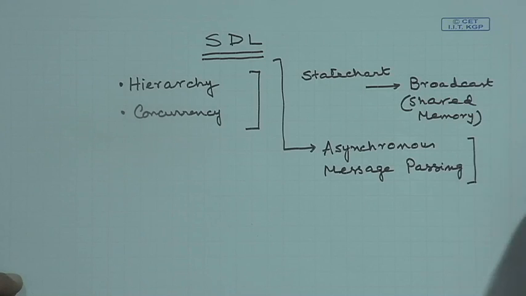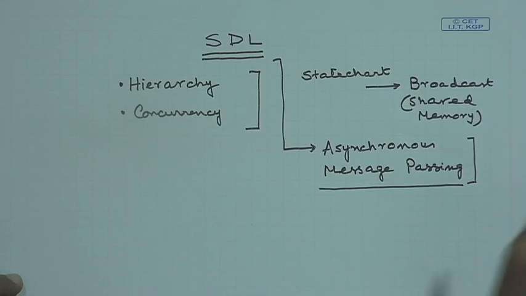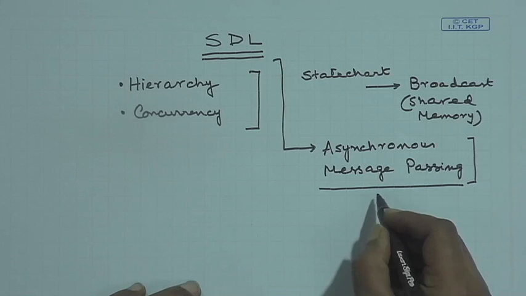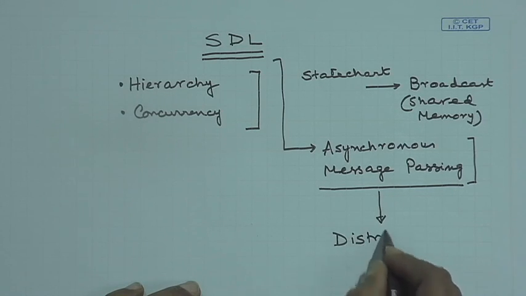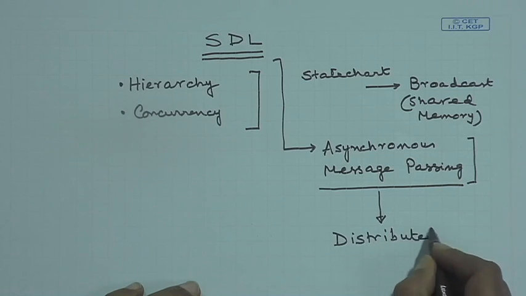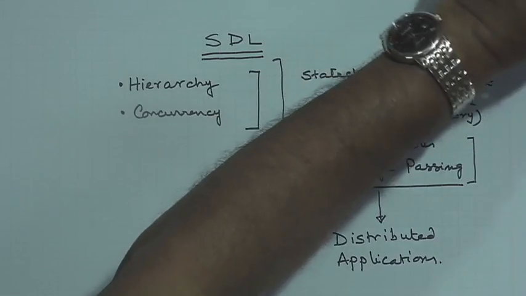Unlike state chart, SDL, since it is using asynchronous message passing, is also suitable for modeling distributed applications, because here we are doing message passing and asynchronous message passing. Now, I can have blocking and unblocking whatever we want to do, right.